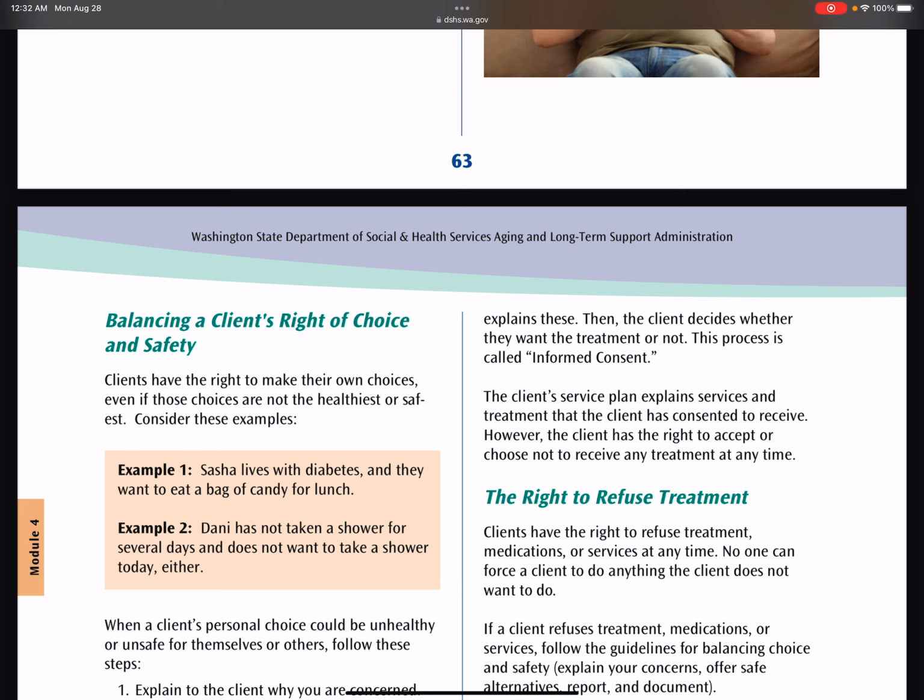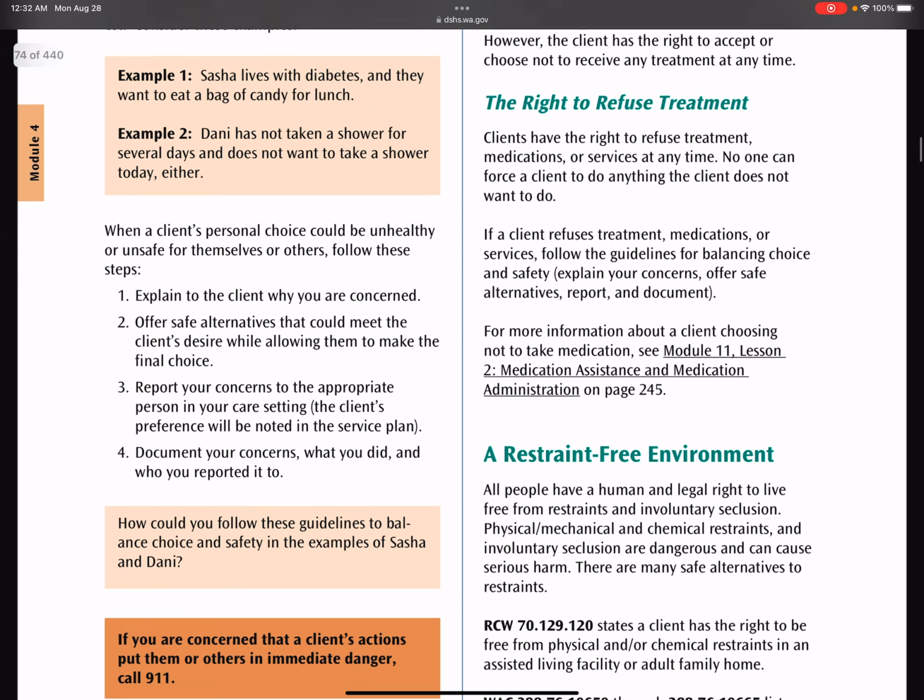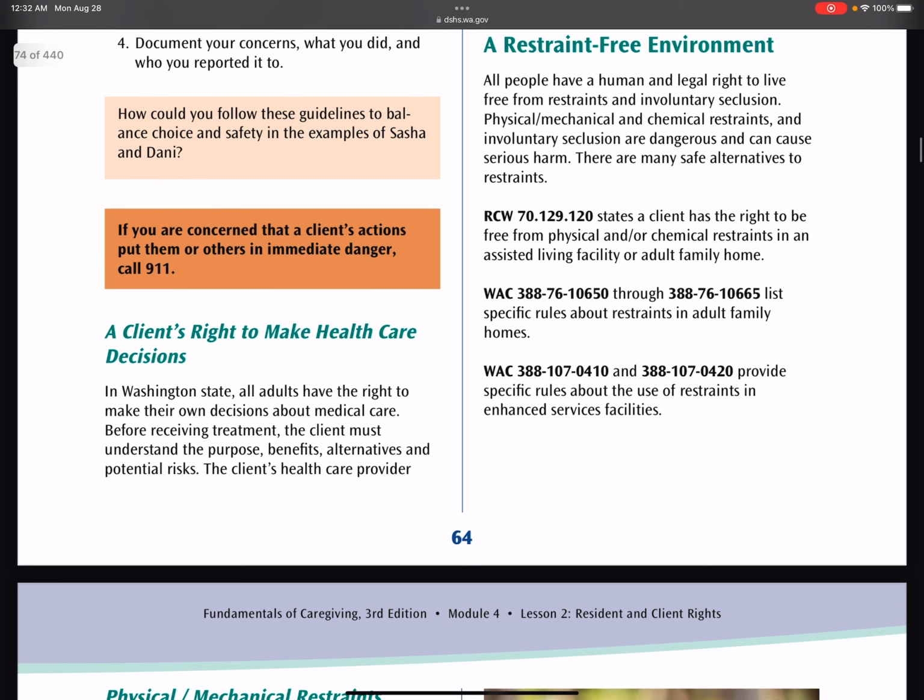All clients have the right to make healthcare decisions. In Washington state, all adults have the right to make their own decisions about medical care. Before receiving treatment, the client must understand the purpose, benefit, alternatives, and potential risks.